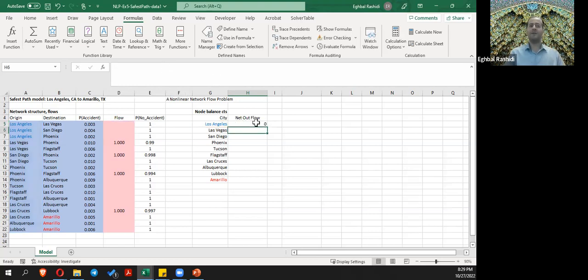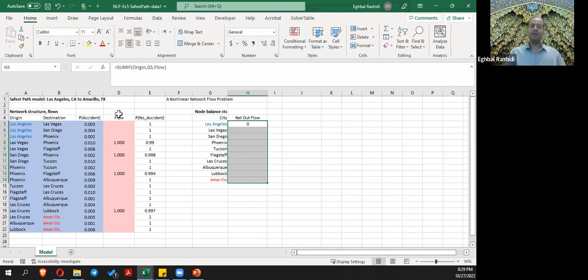So what this does is actually going to say, find for this city that we are in this row, right now we are in Los Angeles. Okay? For Los Angeles, go over on the origin list and find the rows that Los Angeles is in the origin, which is like these three, and then go to the flow list and find whether that Los Angeles flow has been selected or not.